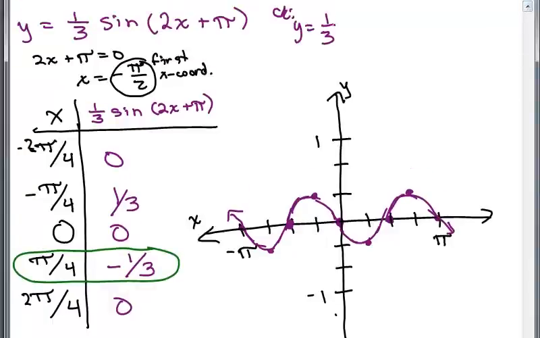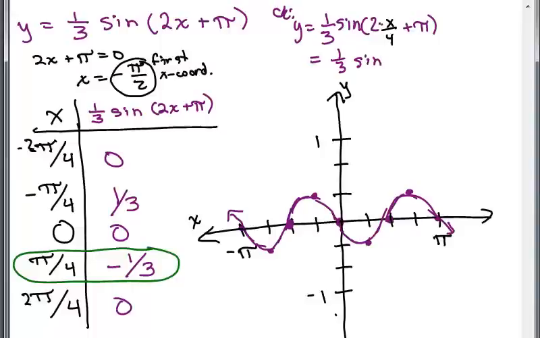Y equals 1/3 of sine of 2 times, what am I plugging in? Pi over 4, plus pi. And I'm going to actually do that computation. So that's 1/3 of sine what?